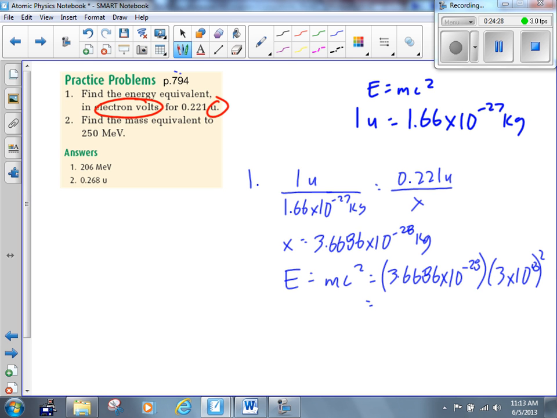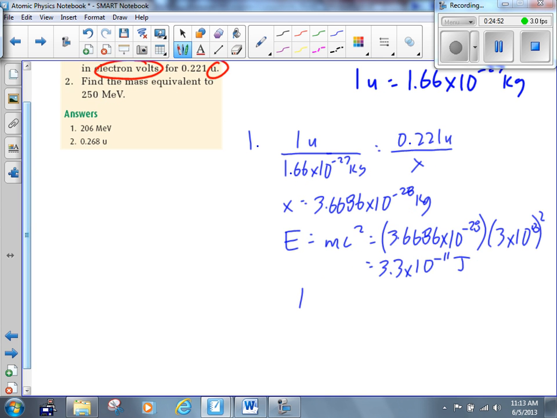I'm going to guess it's going to be somewhere around 3.3 times 10 to the minus 17. Oh, yeah, it's mega electron volts, isn't it? So it equals 3.3 times 10 to the minus 11 joules, which we're going to turn around and convert to electron volts now, using that old method that we learned a couple of months ago.